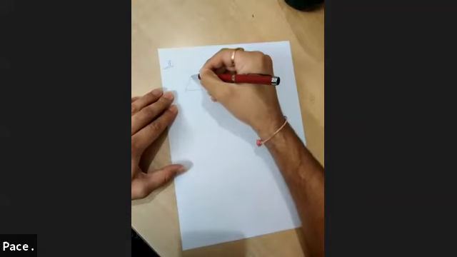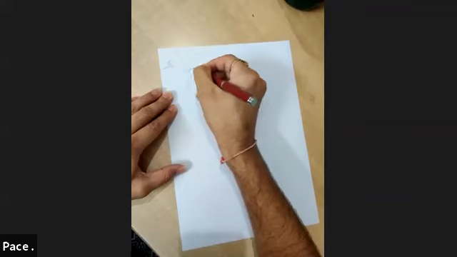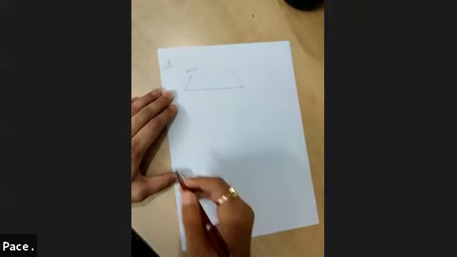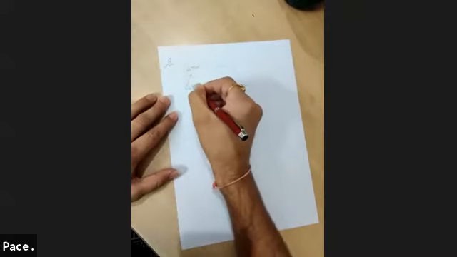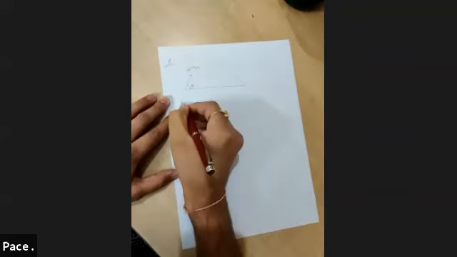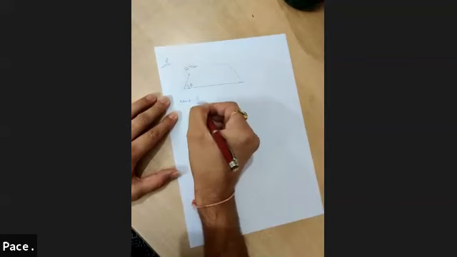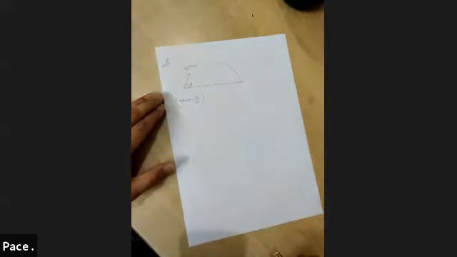Let's say this velocity is given as 52 meter per second. And it goes like this, at an angle theta with the horizontal. This angle is given as theta. And the value of tan theta in this problem is given as 5 by 12.